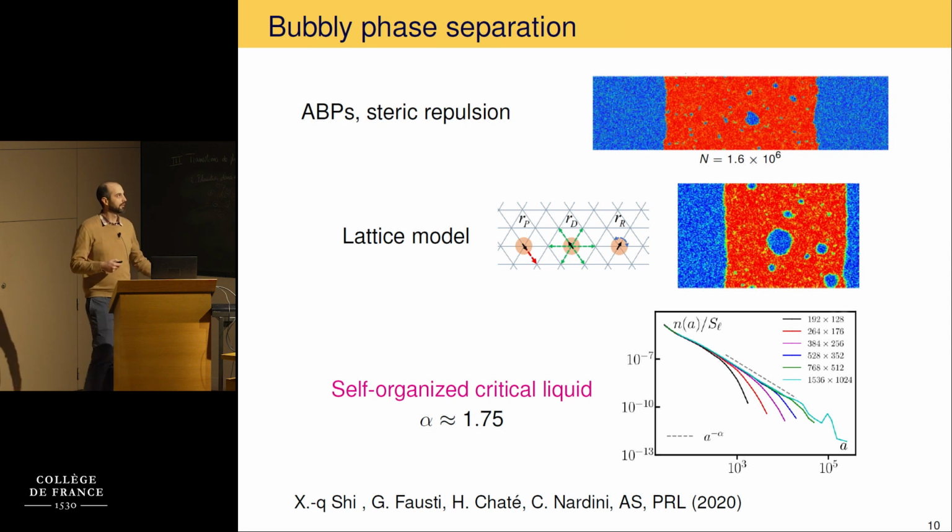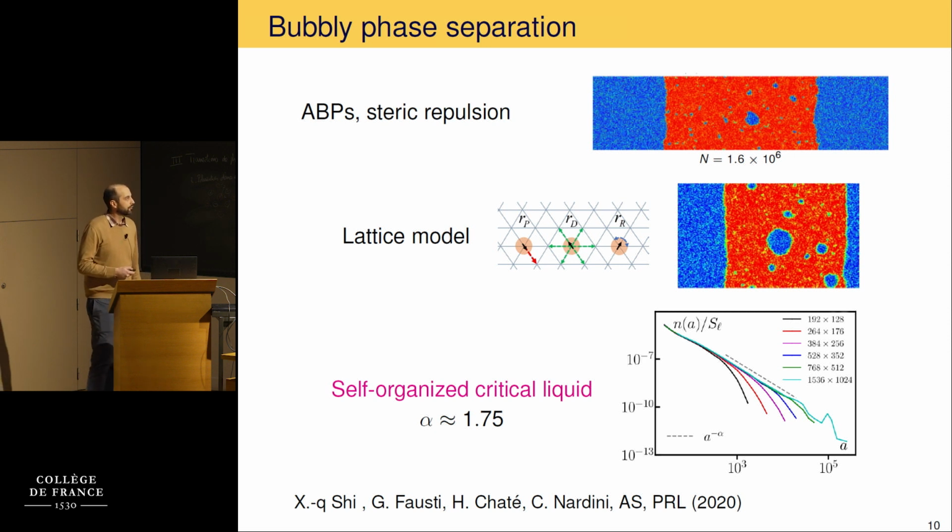Then you have avalanche dynamics that makes a bubble with a power law distributed size. And the open boundary condition here is played naturally by the phase separation. So you have a kind of self-organized critical liquid.